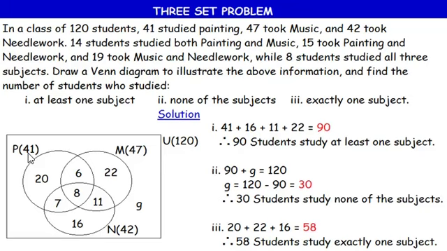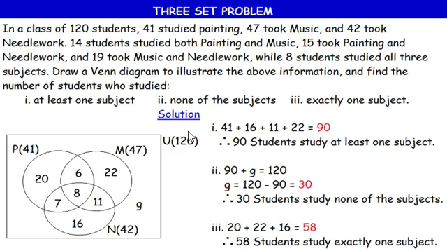So here we have it. We let M represent those who study music, and the number is 47. And then we let N represent those who study needlework, and their number is 42, right?